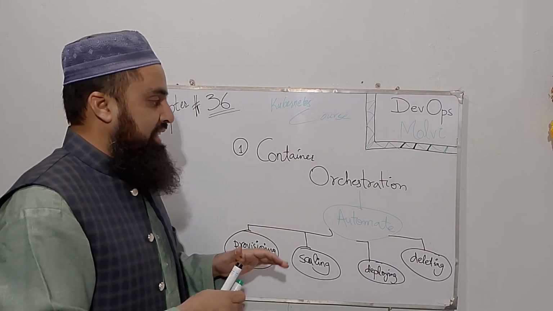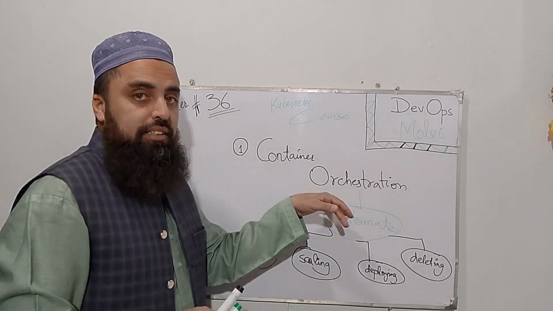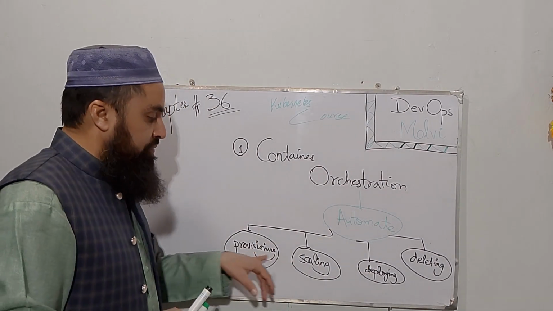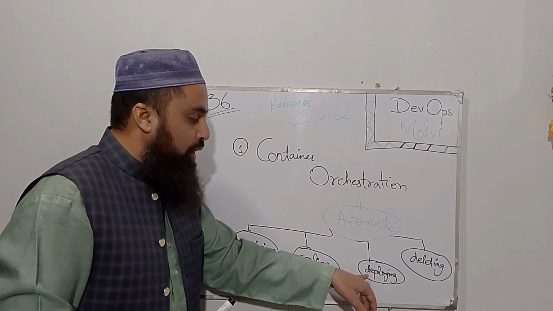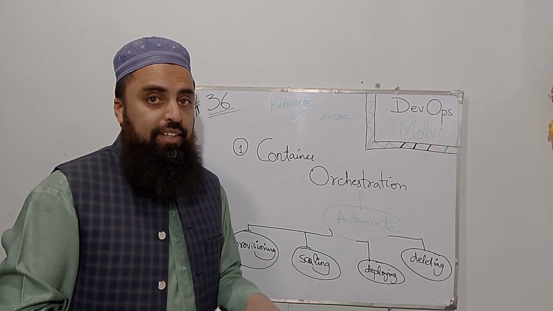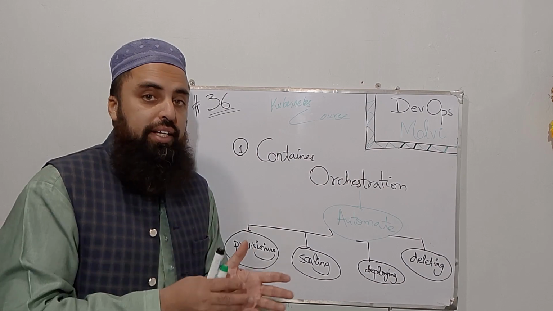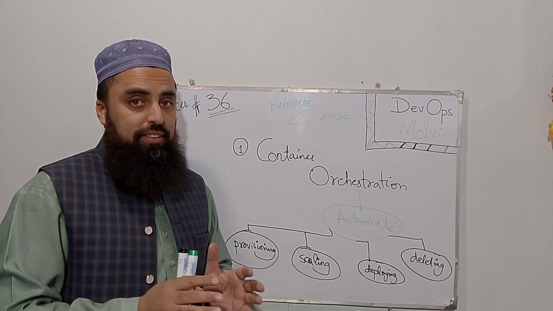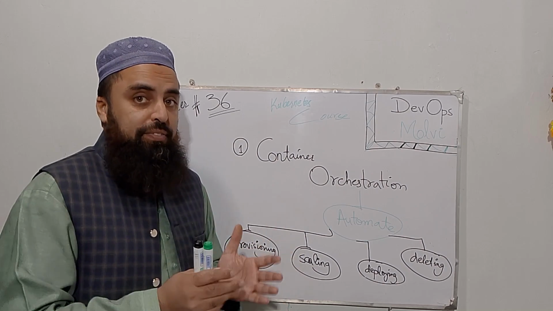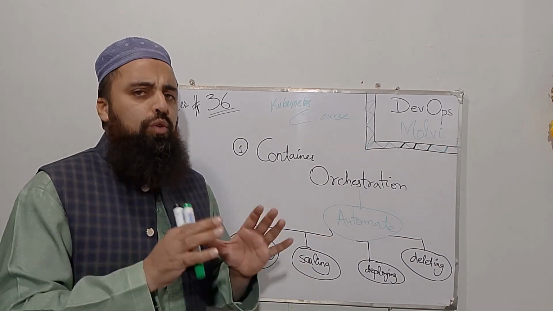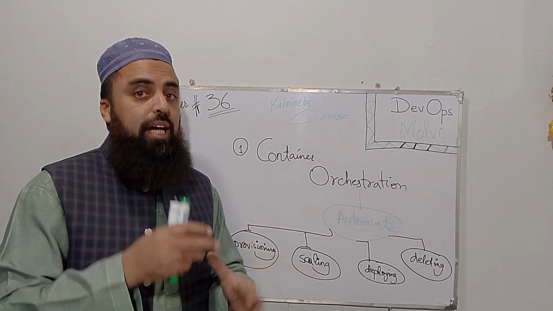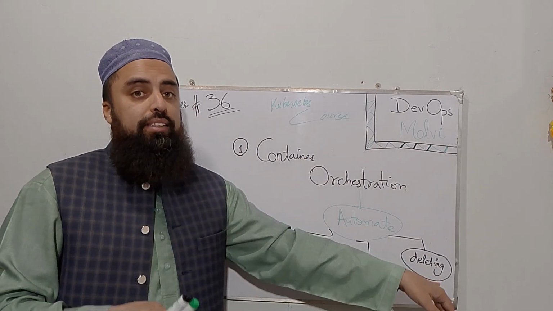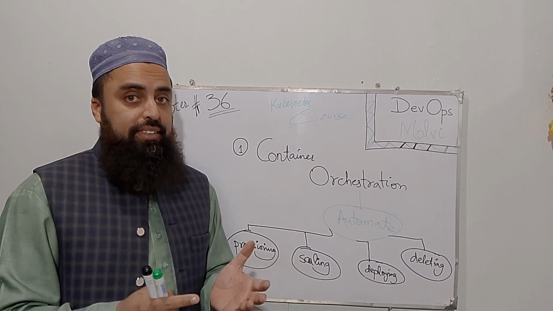So I can say that orchestration is a process which automates the provisioning, the scaling, the deployment, and deleting of applications running inside the containers. That would be the simplest definition of orchestration. You can say that orchestration is a process which automates the provisioning, scaling, deploying, and deleting of containerized applications.